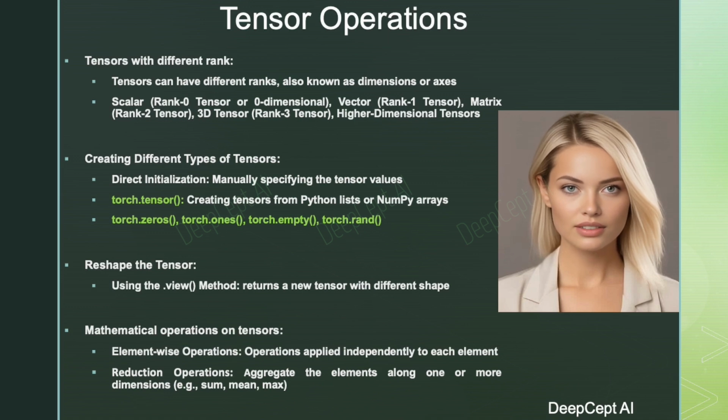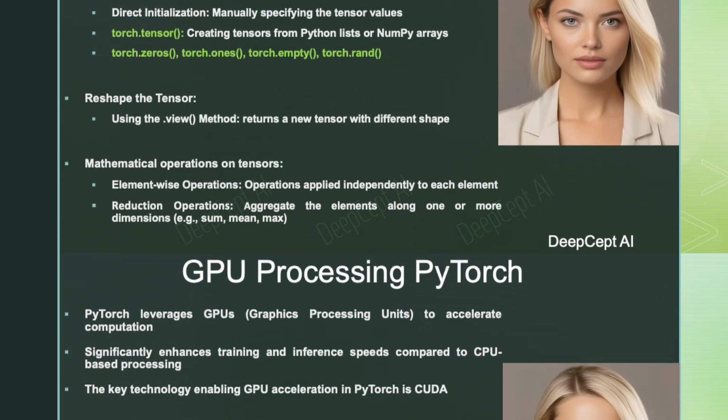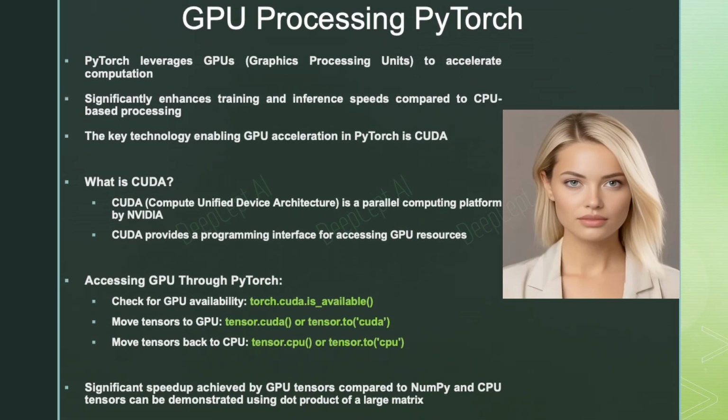Linear algebra operations such as matrix multiplication, dot product, and trigonometric or exponential functions are also available. These capabilities empower users to efficiently process and analyze data in various forms, facilitating the development and optimization of deep learning models in PyTorch.